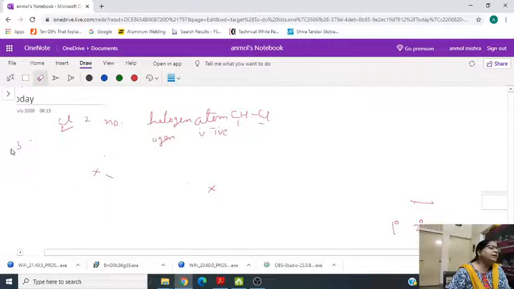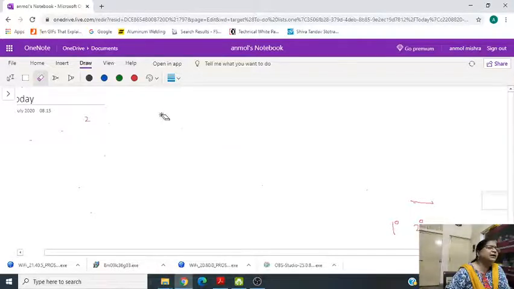Now primary alkyl halide means one alkyl group is present with the halogen. For example, CH3Cl, C2H5Cl. If two alkyl groups are present, then it is a secondary alkyl halide.